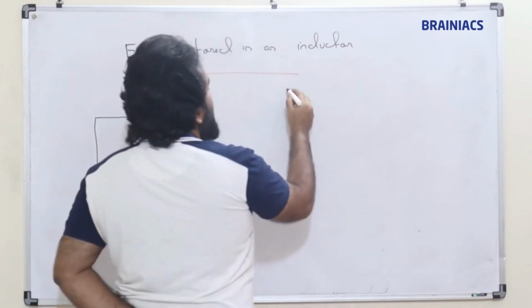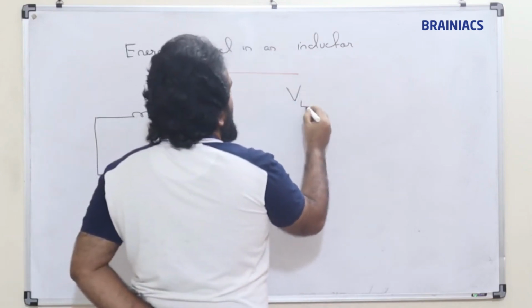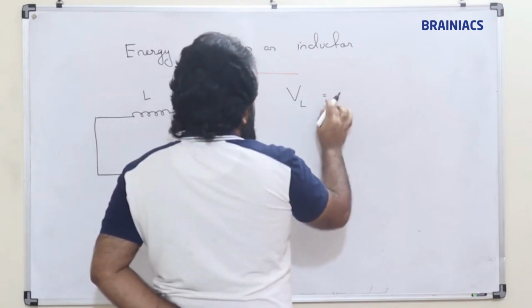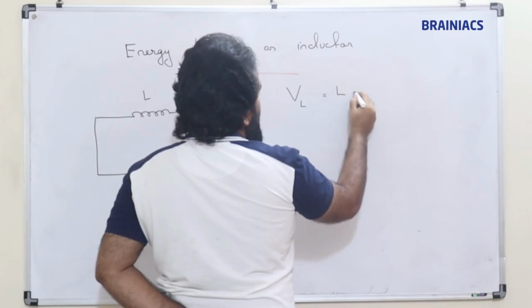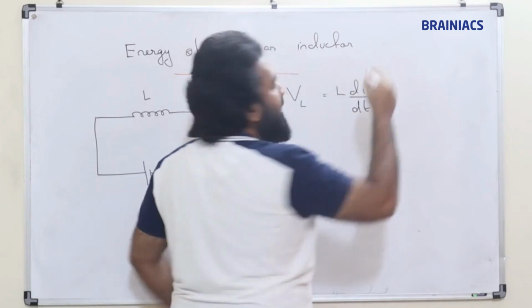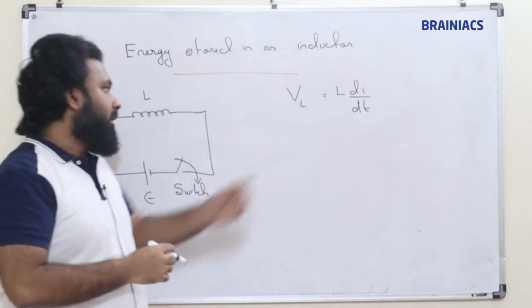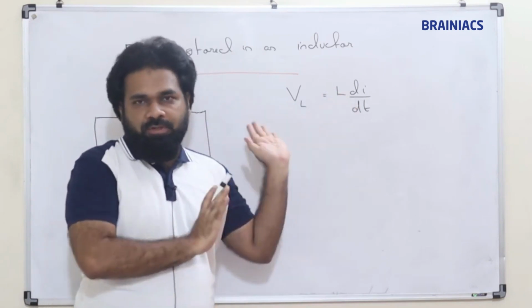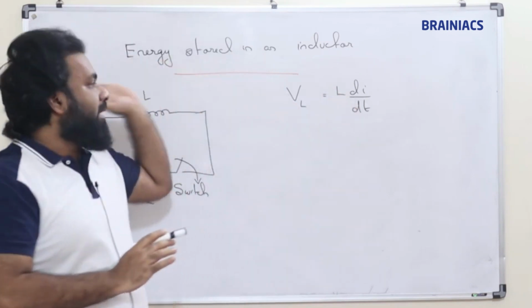So what will be that induced EMF? VL is going to be L di by dt. Already we have seen the minus sign will be there, but we are concentrating only on the magnitude, as we are going to find energy.